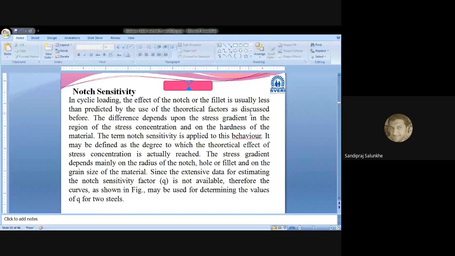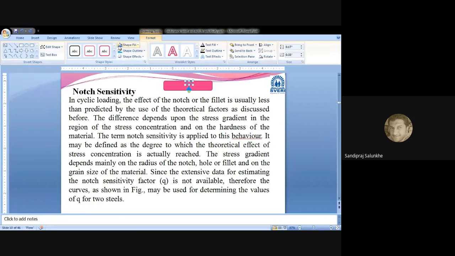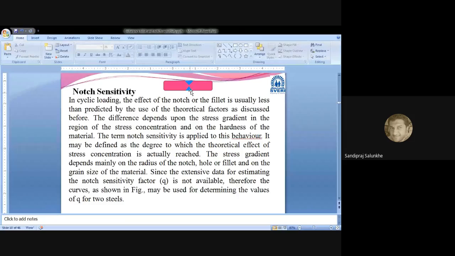Am I right? So when we have such a type of change in geometry, and normally a V notch is created over there, that is called notch sensitivity.